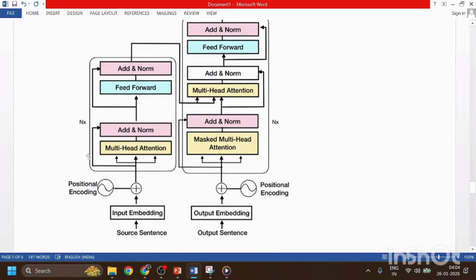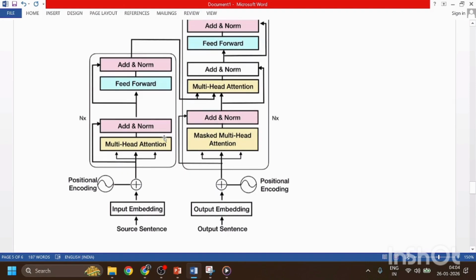After attention, we apply add and normalize. Add means we add the original input back using a residual connection.